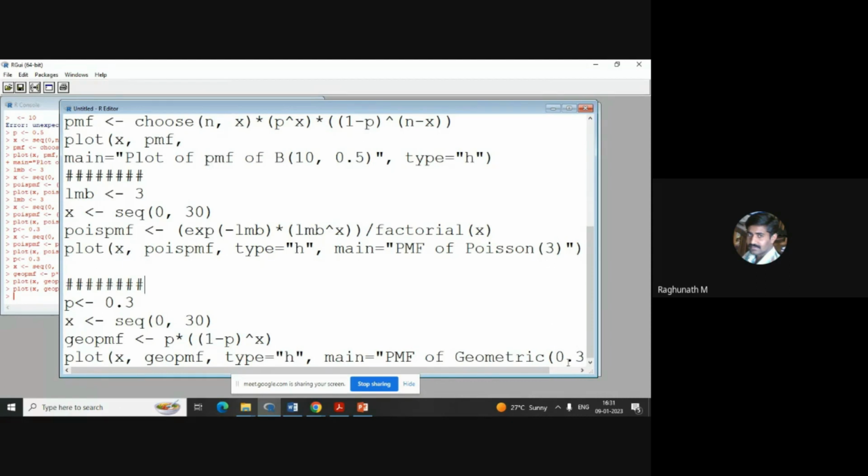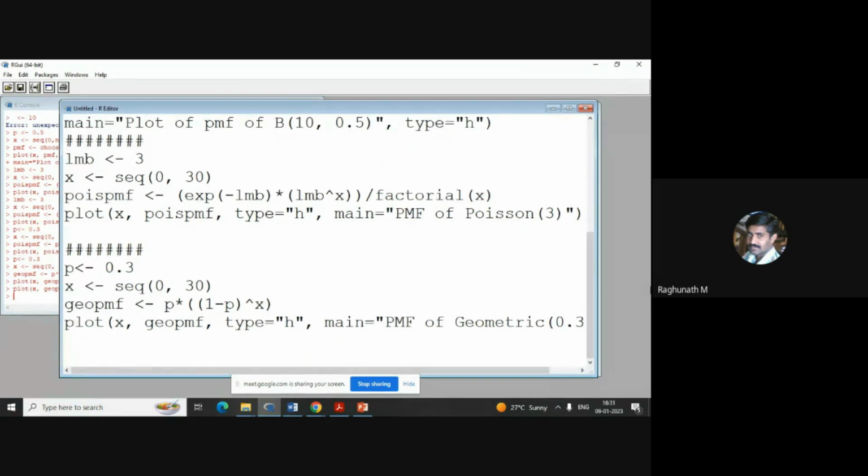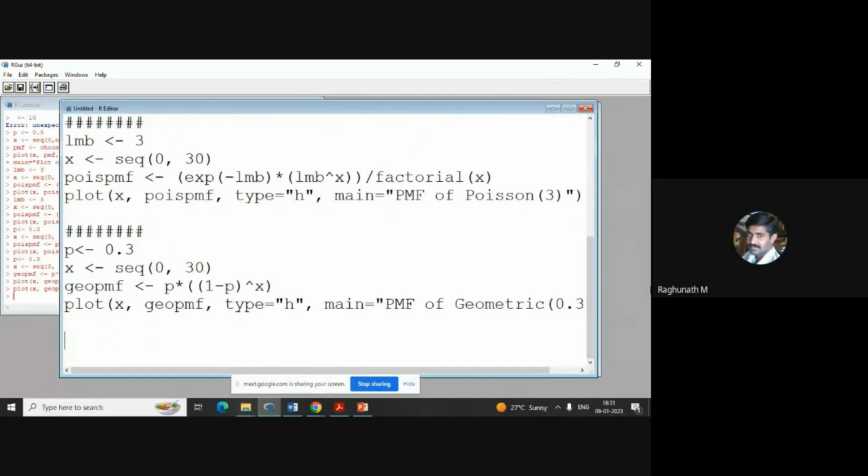But when it comes to a continuous function, the x values you consider will be on an interval. To get a continuous curve, we have to tune the values of x as fine as possible so that we will get a better plot. Okay, so first let us go with the exponential.